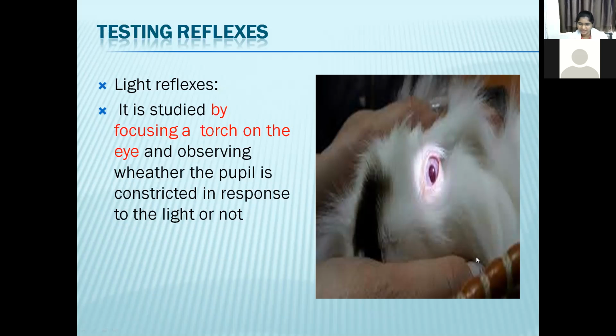So light reflex is absent with anticholinergic drugs like atropine, because it blocks M3 receptors. Because it blocks M3 receptors, it causes dilatation of the pupil. So it does not show any light reflex in atropine mydriasis.